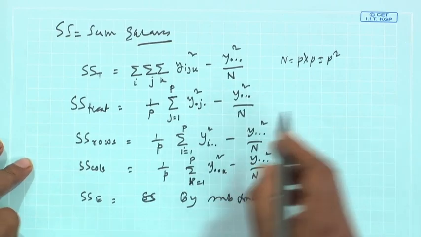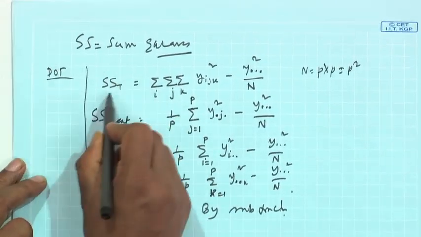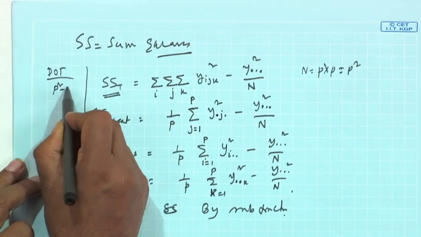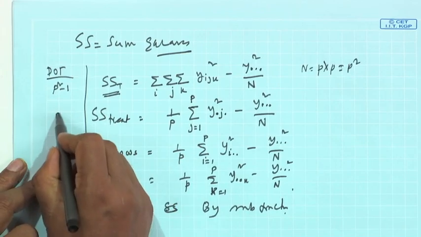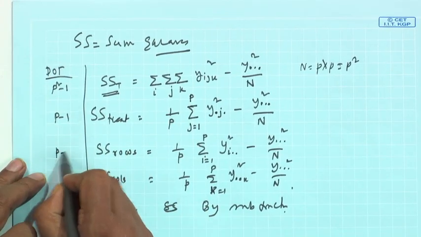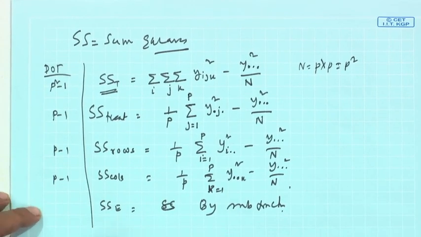So, what will be the degree of freedom for each of these sources? Here p square minus 1 is the degree of freedom for the total, for treatment p minus 1, for rows p minus 1, for column p minus 1, then what will be for SSE?